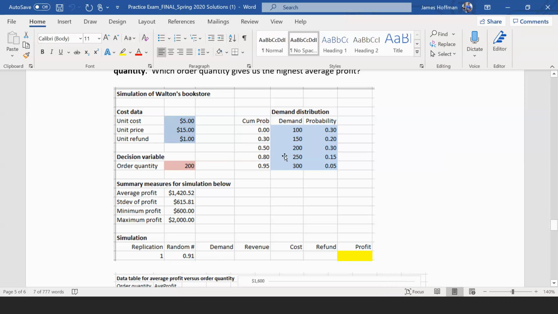Okay, so look at the random number, then go up to the table, and then find the demand that the VLOOKUP function would give you. In this case, it's in the range that would give us 250 for demand.